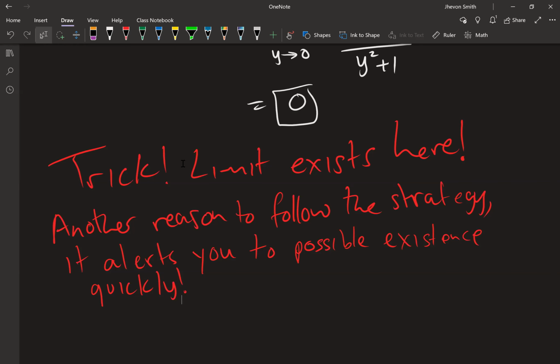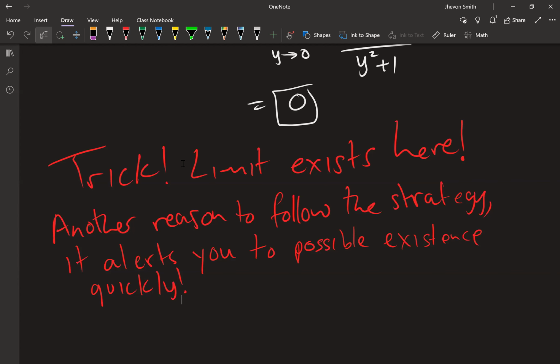So there are times when, as I mentioned, they'll specifically state in a problem, show that the limit does not exist. However, there are other times when they're going to say something like, determine whether the limit exists or not and prove your claim, right? Now, when you don't know if it exists or not, you want to be able to get to a decision very quickly.